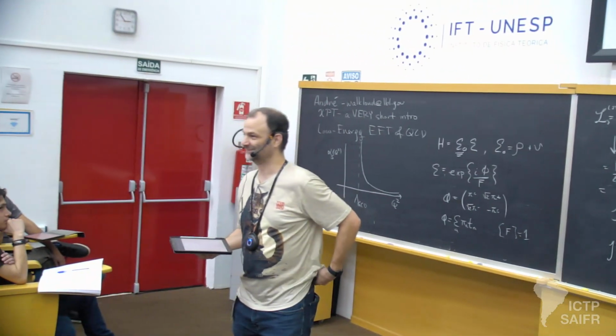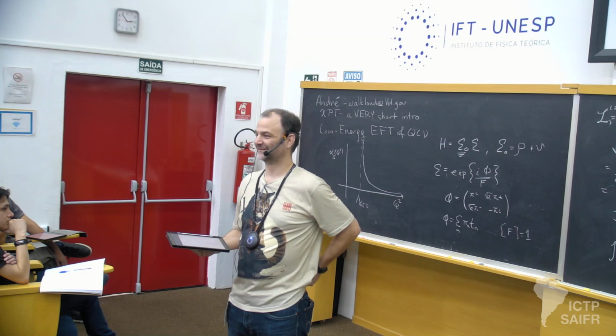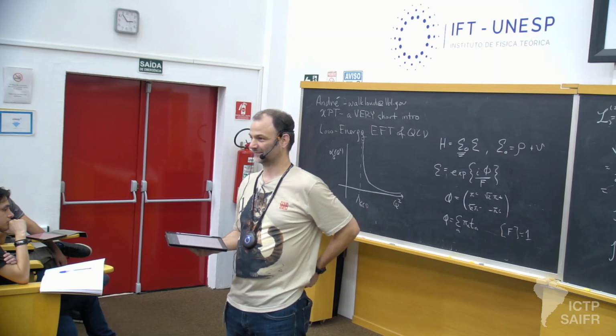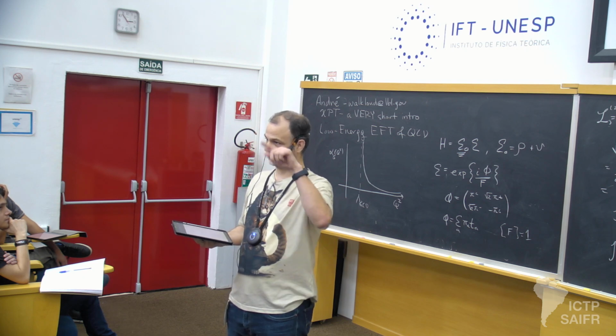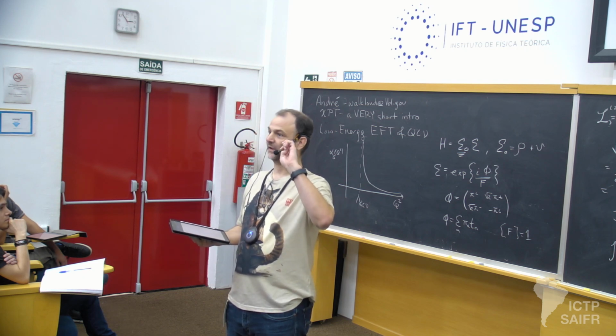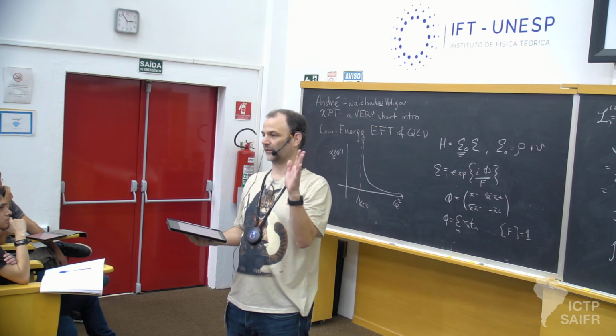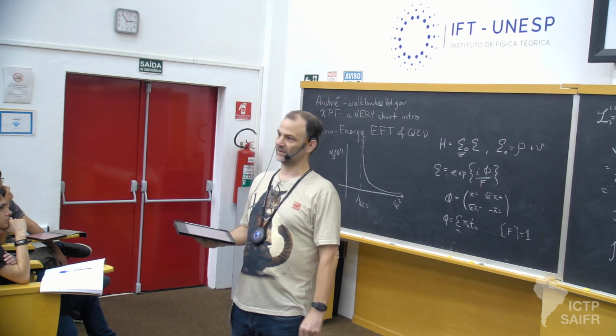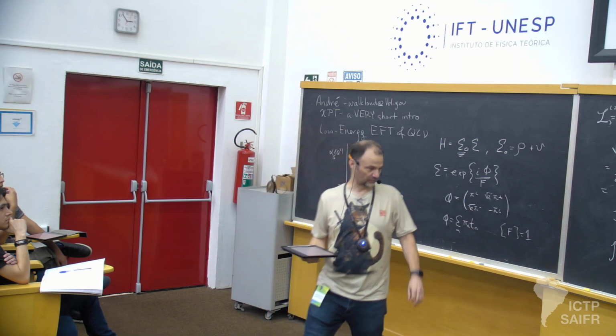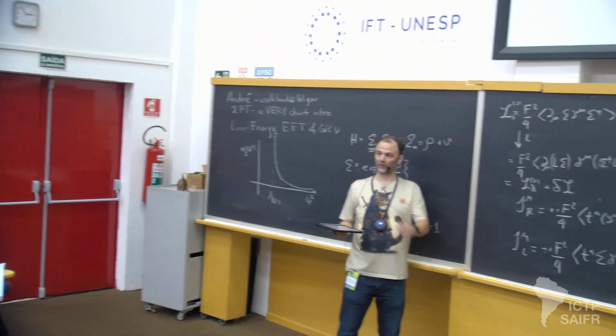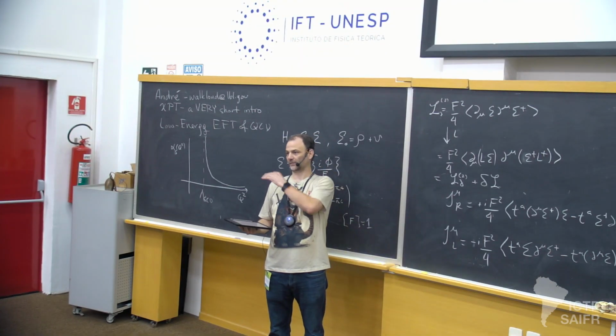Please ask it again. Two derivatives on the theta. So that's going to be second order. We're only interested in the linear response. So we're considering very small angle rotations because we want to look for the linear response to match the current.